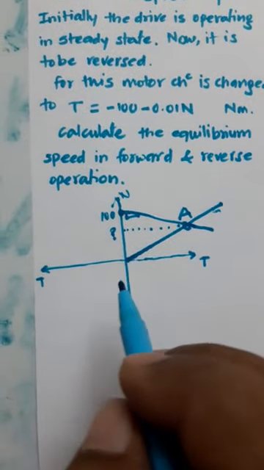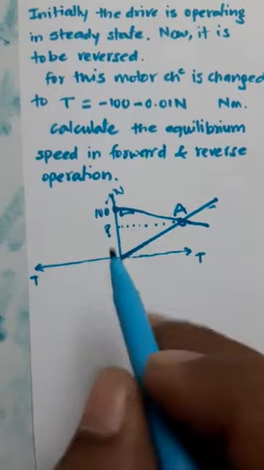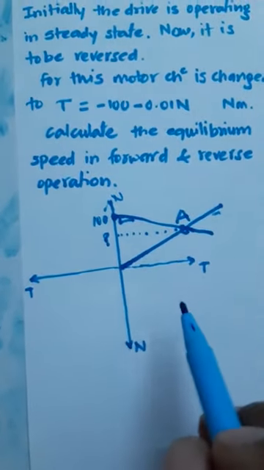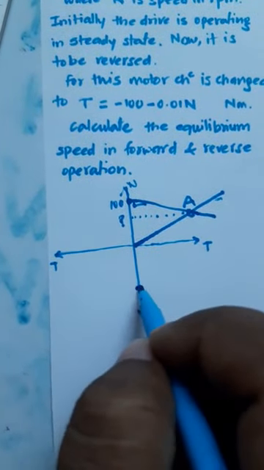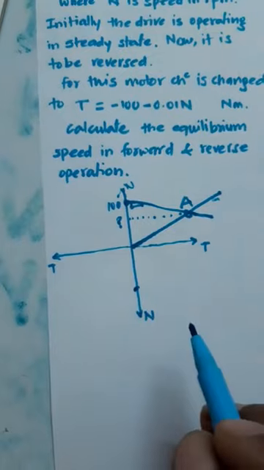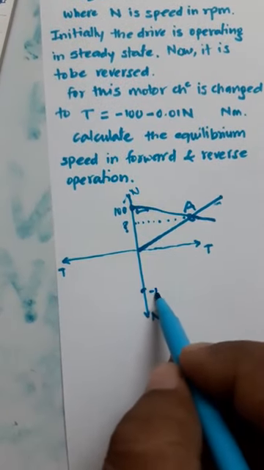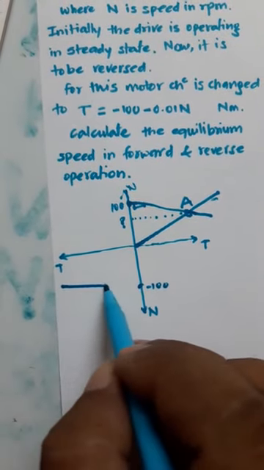For that, the characteristic is changed to minus 100 and minus 0.01 N. So that means it is passing through minus 100, still having slightly negative slope.